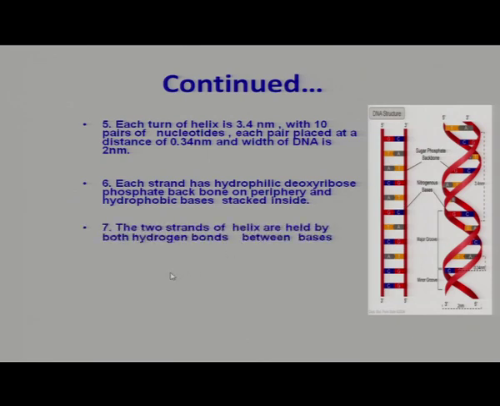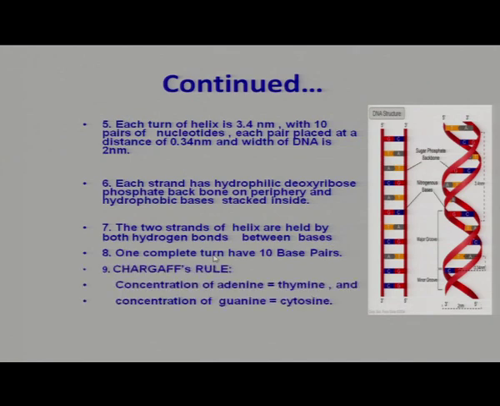Next feature of this model is the two strands of the helix are held by hydrogen bond. As I told you earlier, these two strands are bonded together with the hydrogen bond which is present in between the nitrogenous bases. One complete turn of the DNA has 10 base pairs, and the last is Chargaff's rule, which was given by Erwin Chargaff.